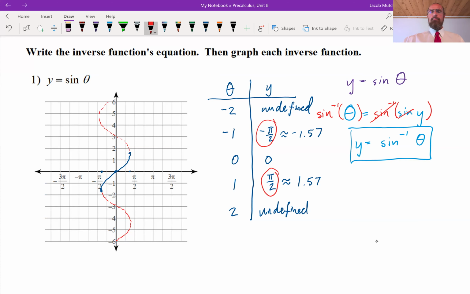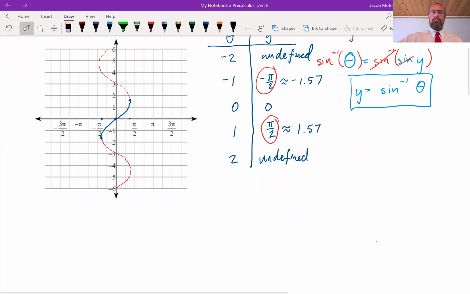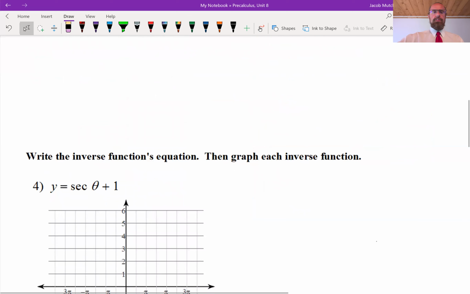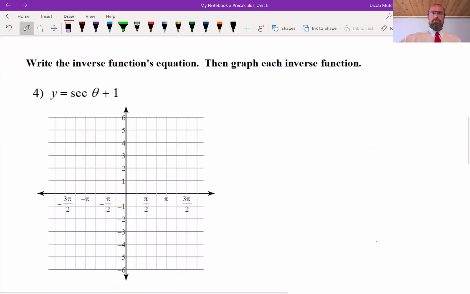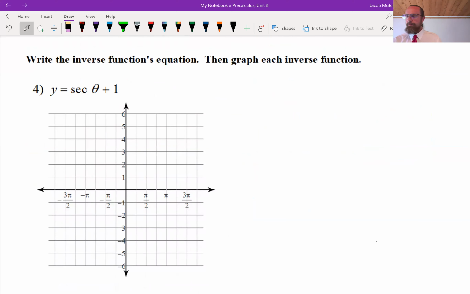Well, that's our first example, one of the basic trigonometric functions. We want to take a look at one that has had a change in the vertical translation. So here we've got the function y equals secant of theta plus 1.